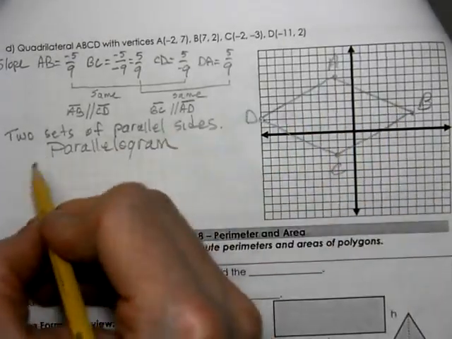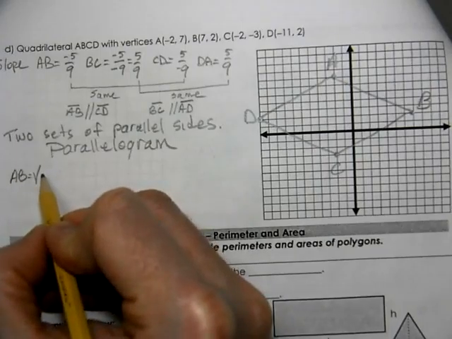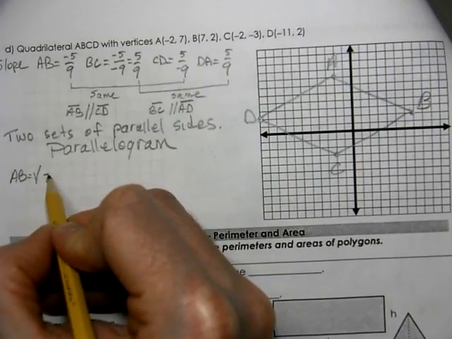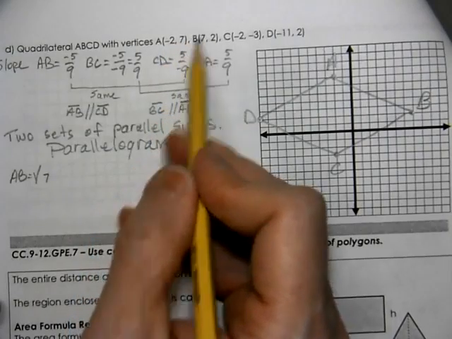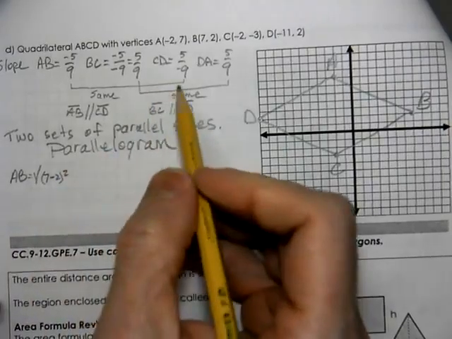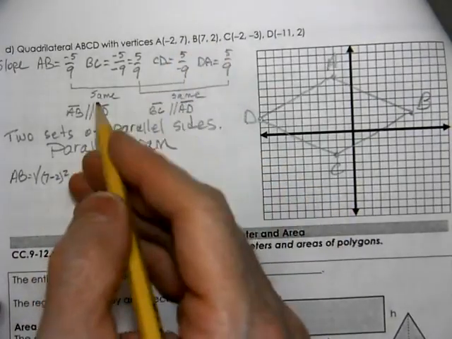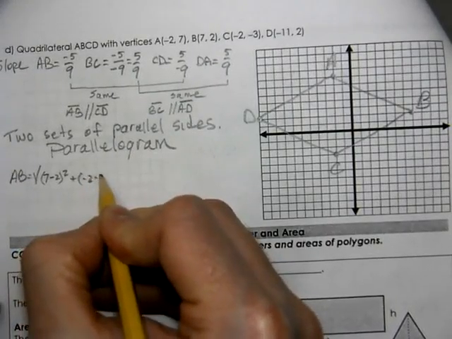Let's look at AB. AB 7 minus 2 and negative 2 minus 7.